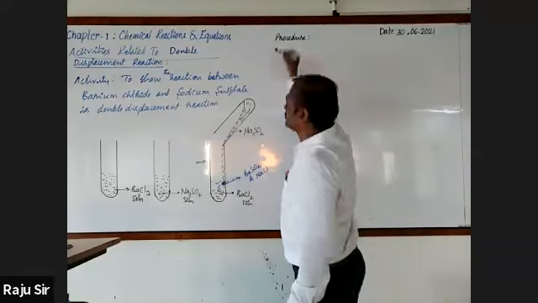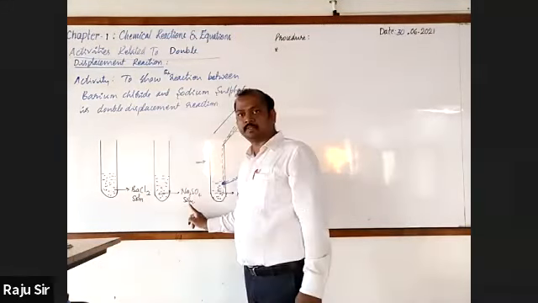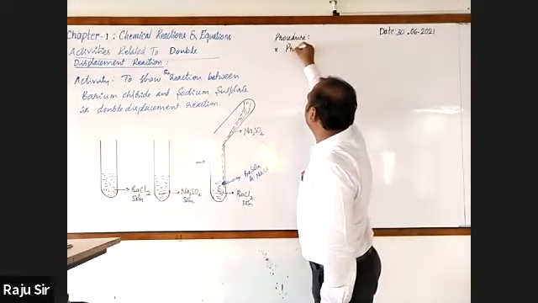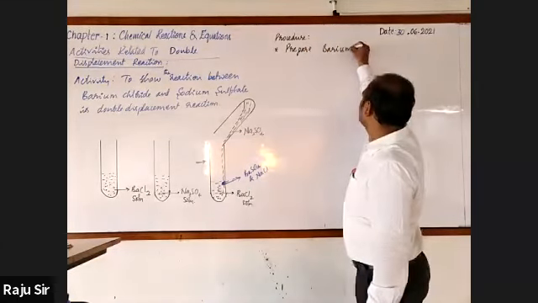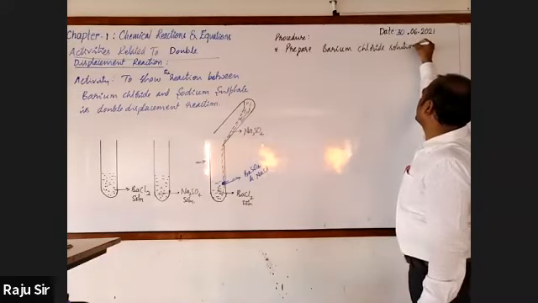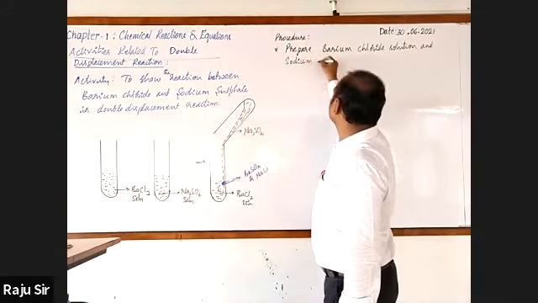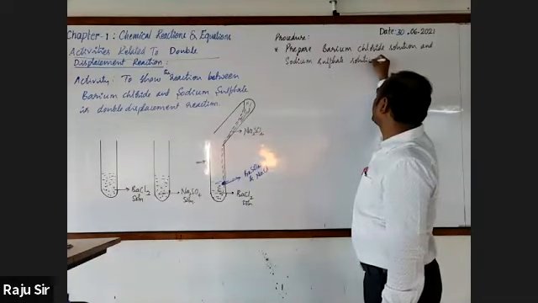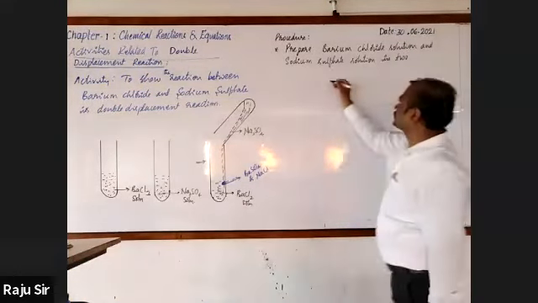The first point is to prepare barium chloride solution and sodium sulfate solution in two separate test tubes.